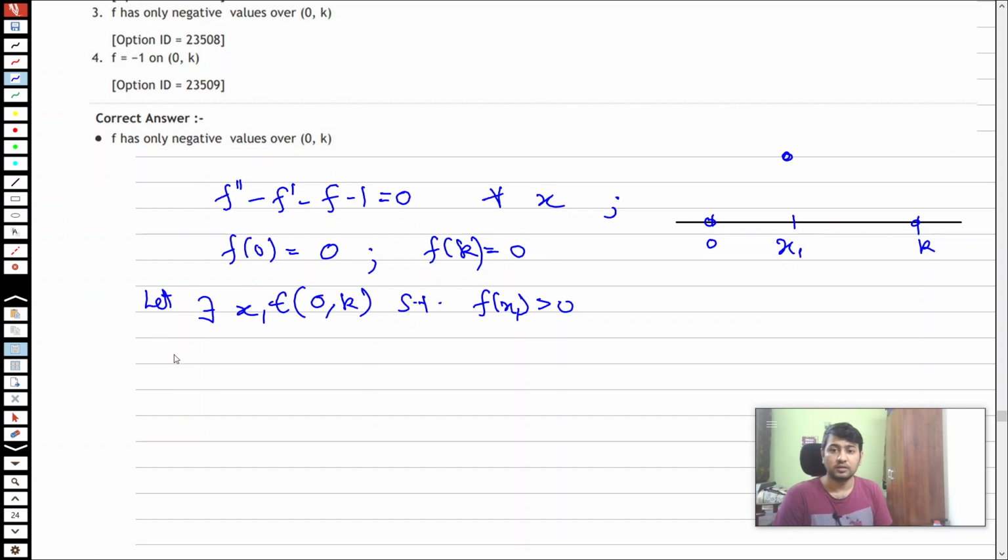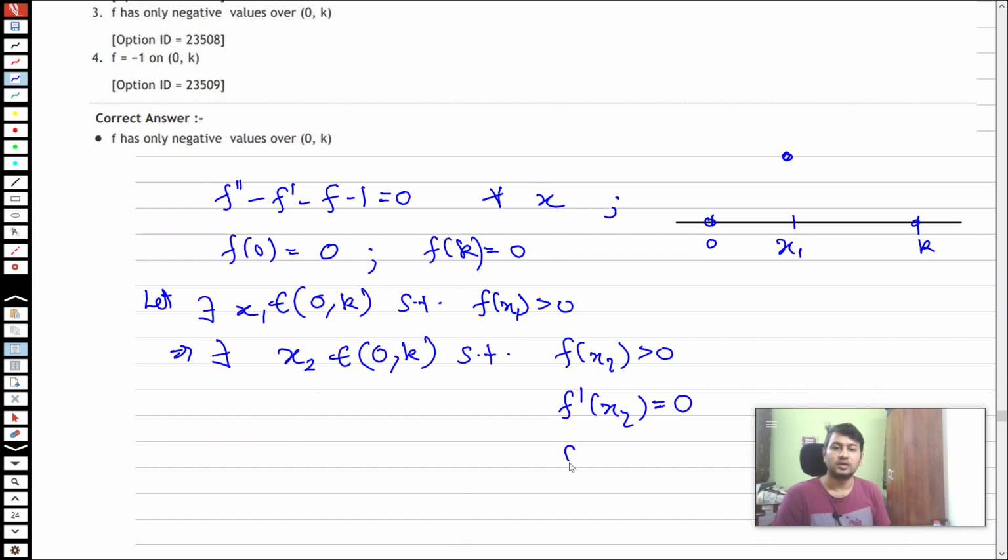So this implies that there exists x2 belonging to (0, k) such that f of x2 is positive and f prime of x2 is 0 and f double prime of x2 is negative.